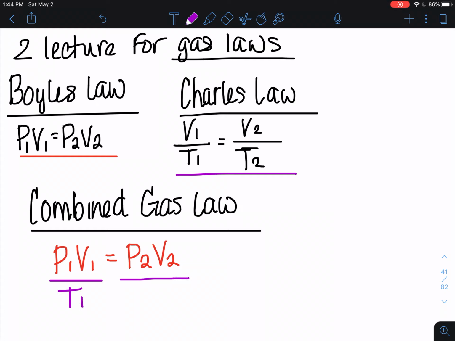Again, V2 is already in the numerator, so we can just put T2 in the denominator. So this is the two gas laws combined into the appropriately titled combined gas law.